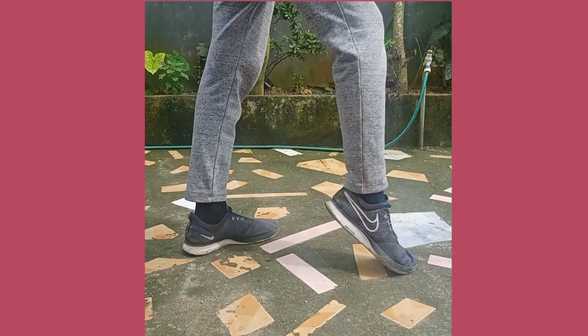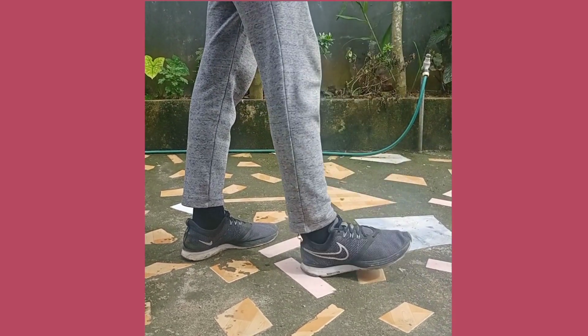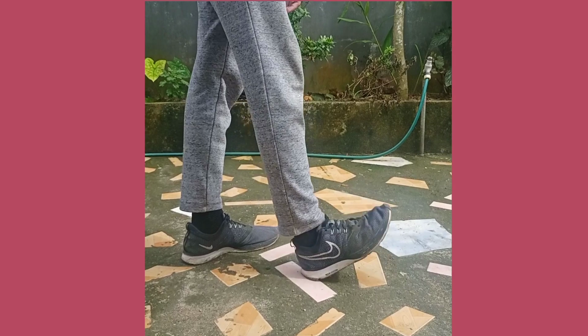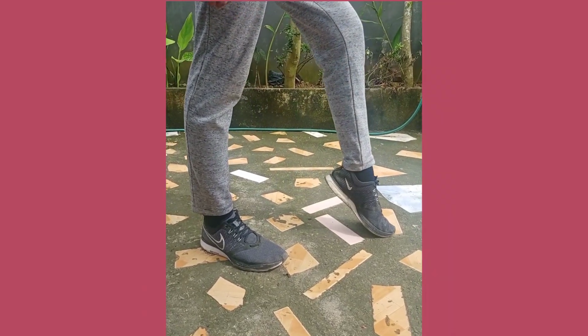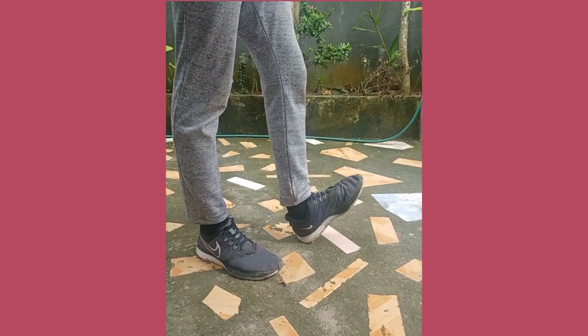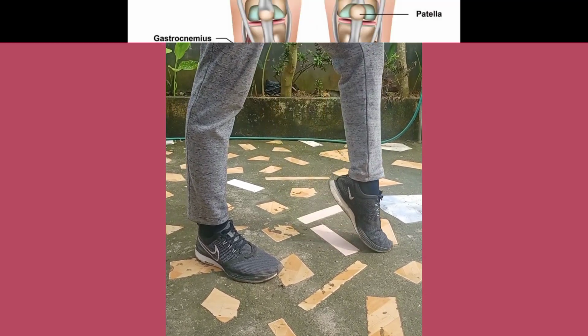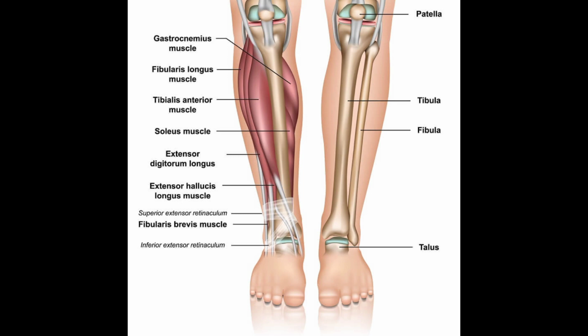Here is the best example of dorsiflexion and plantar flexion. These are the following bones and muscles involved.